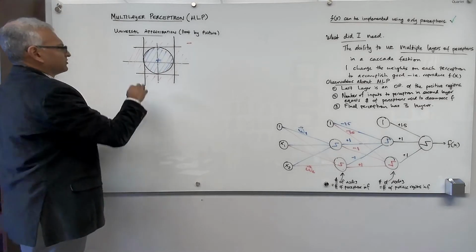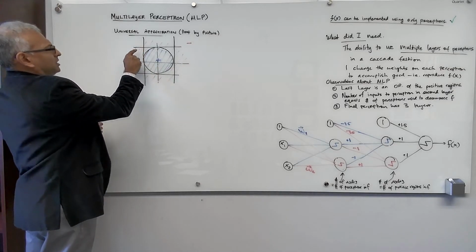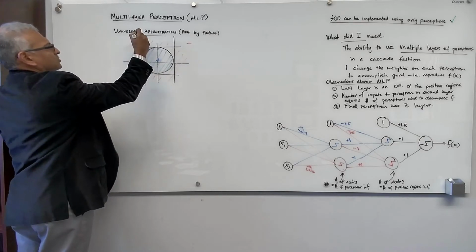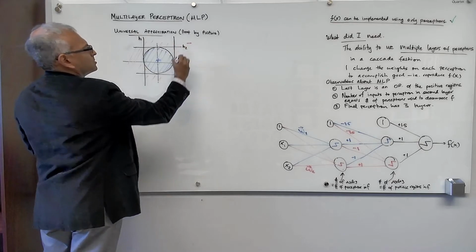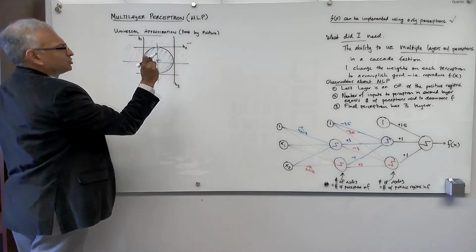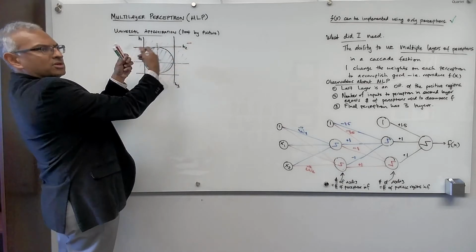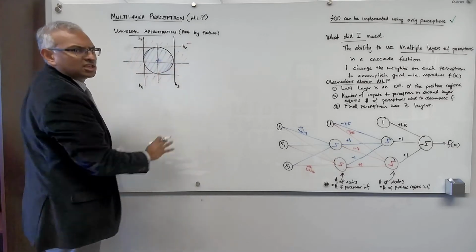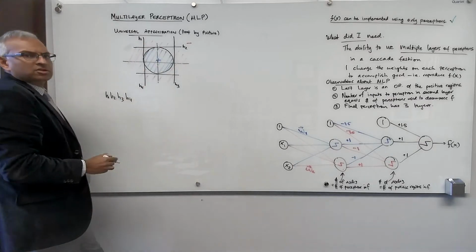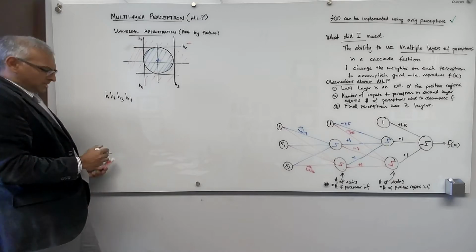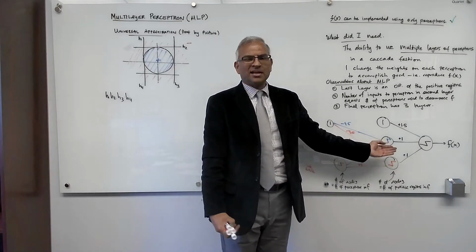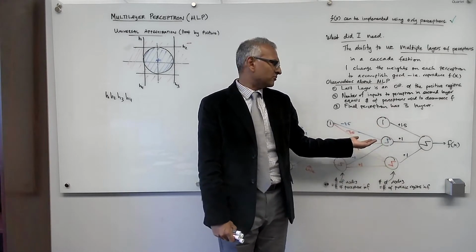If you think of these as H1, H2, H3, and H4, when they're all plus, think of the plus direction of each perceptron as pointing inside. So H1, H2, H3, H4 gives me a positive square region. And in this case, it's just one positive region. So I'm just going to have one guy, and taking the OR of that is sort of trivial.